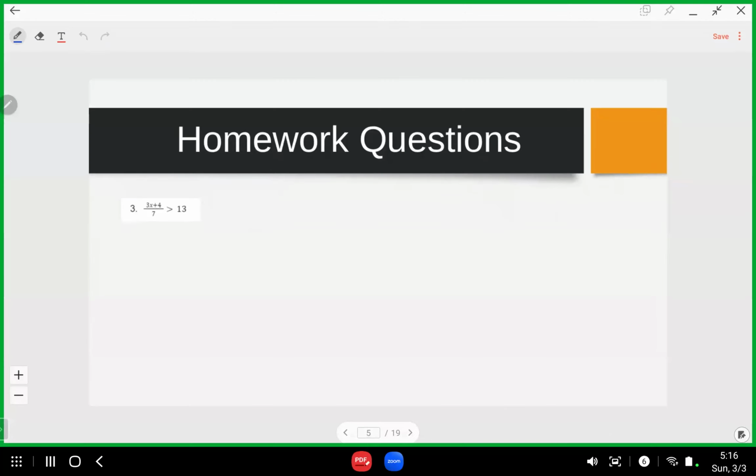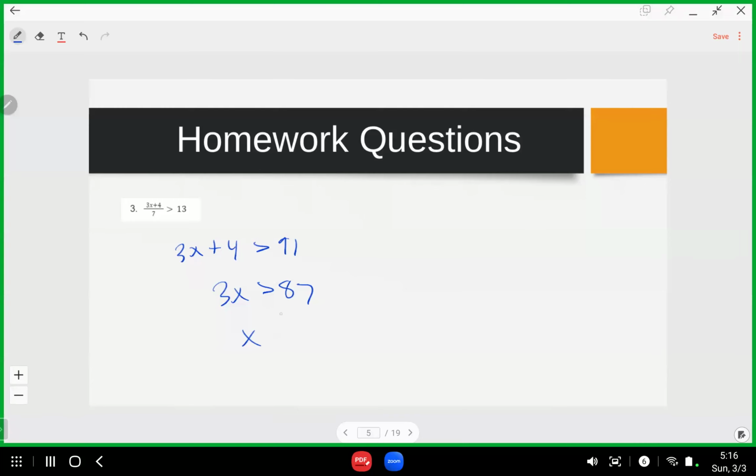Okay, so how did you do this? First I did 3x plus 4 is greater than 91 because I multiplied 13 by 7. And then 3x is greater than 87 because I subtracted 4 from both sides.